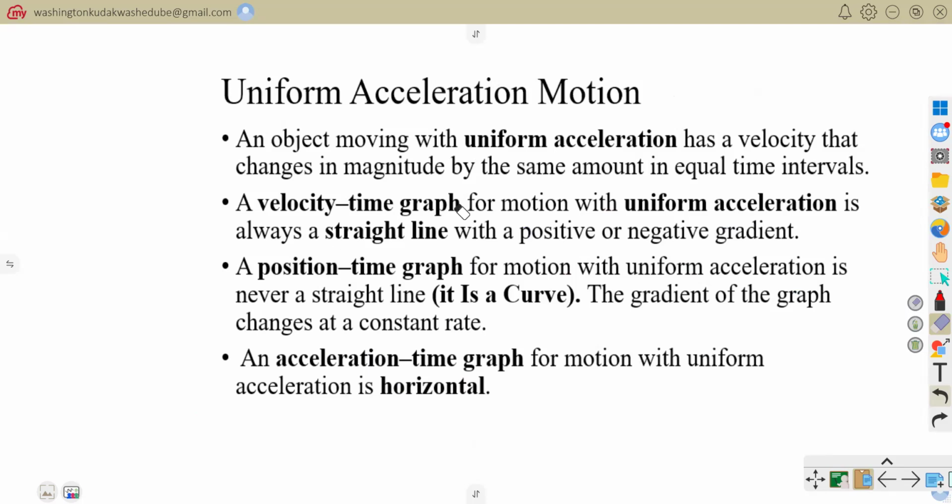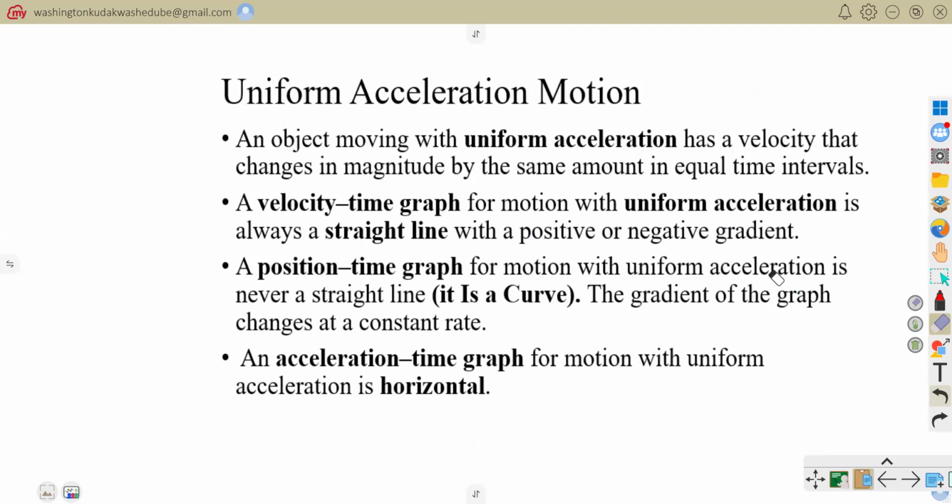So uniform acceleration simply means that an object is moving with the same rate of change of your what? Of your velocity. That is to say that the velocity changes its magnitude by the same amount in equal intervals.